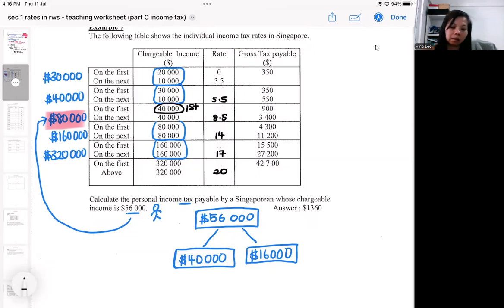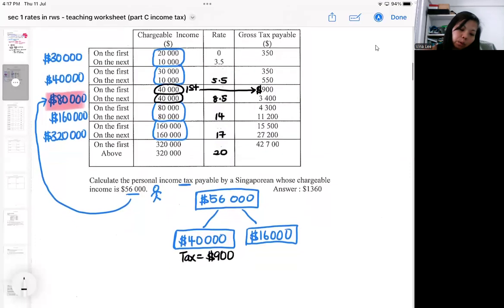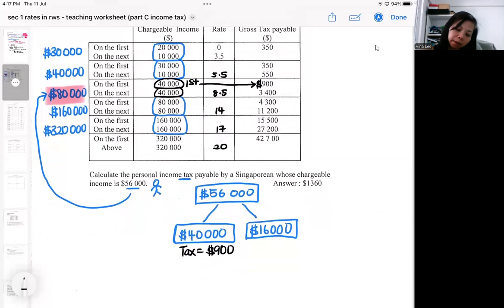And then anything that is in the second basket, you split out from the 56,000. Then how are we going to read the tax? For the first basket, this is the tax amount. The tax for the first basket is $900. So you don't have to calculate. They give you the amount already.